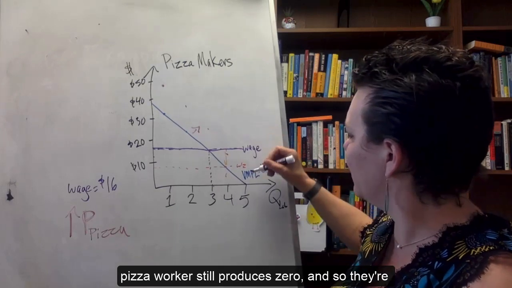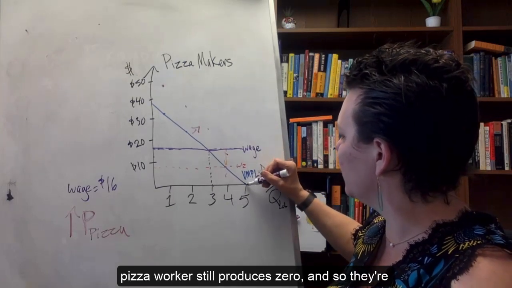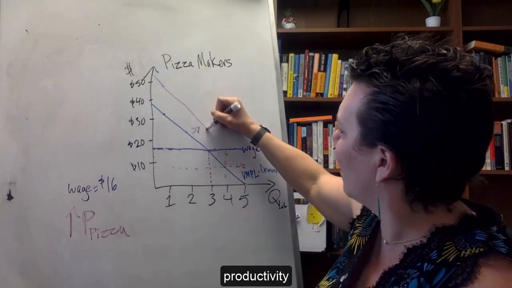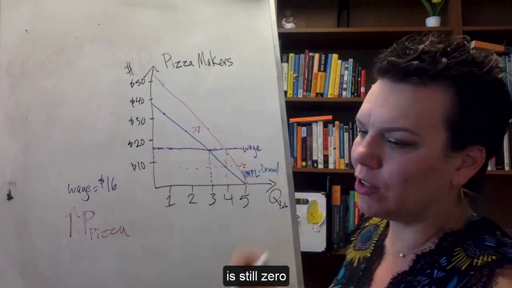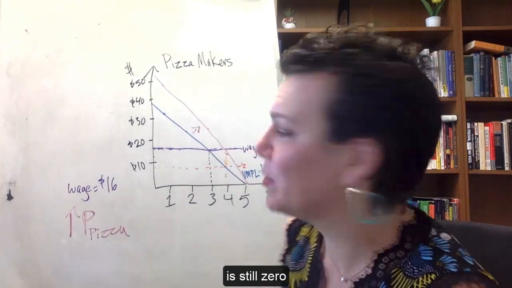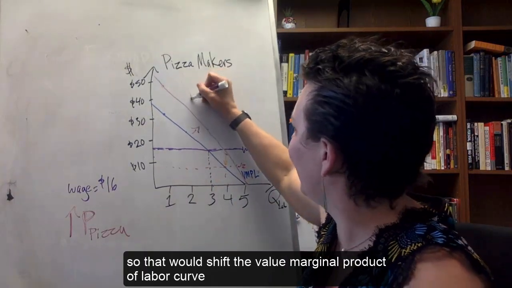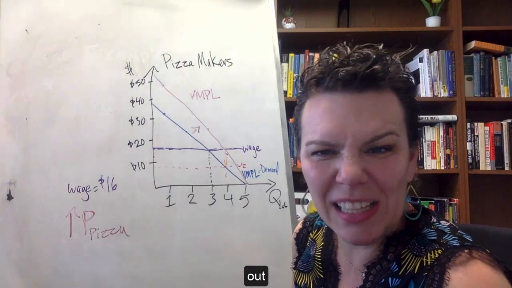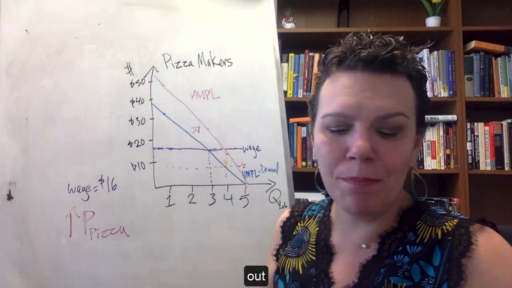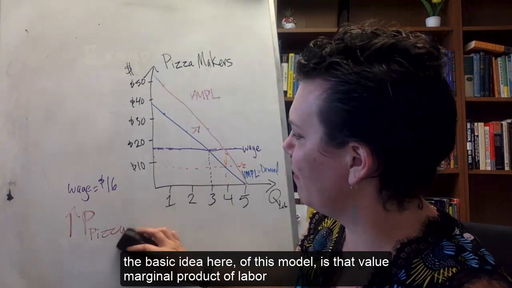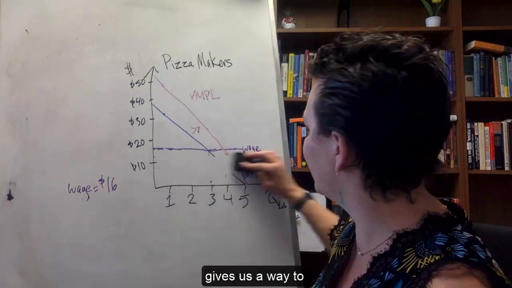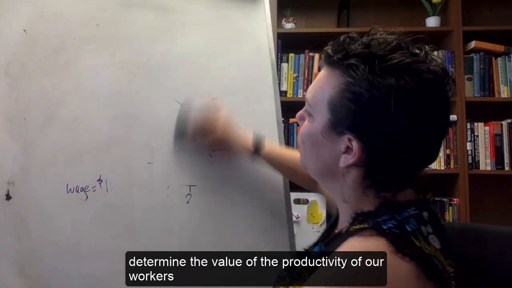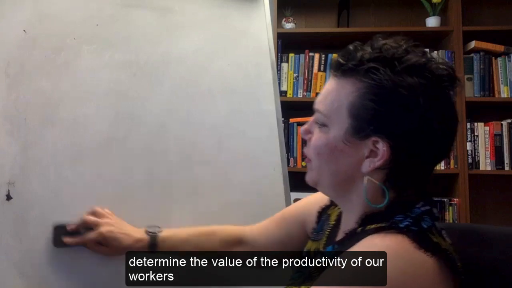And then the fifth worker still produces 0, and so their productivity is still 0. Cool? So that would shift the value marginal product of labor curve out. Does that make sense? So that's the basic idea here of this model, is that value marginal product of labor gives us a way to determine the value of the productivity of our workers.